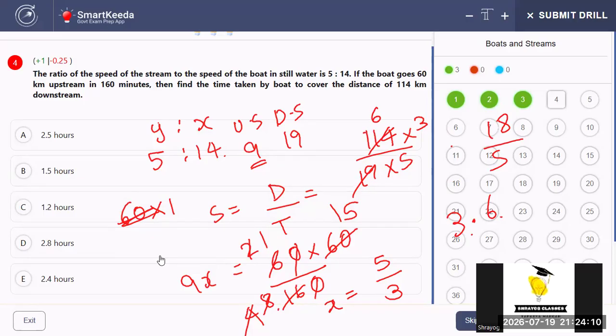Find the time taken by the boat to cover the distance of 114 downstream.